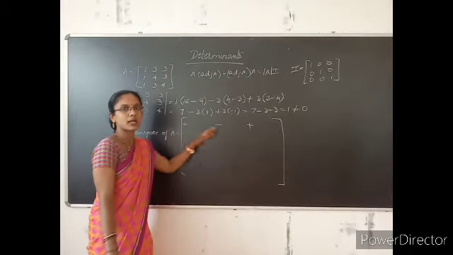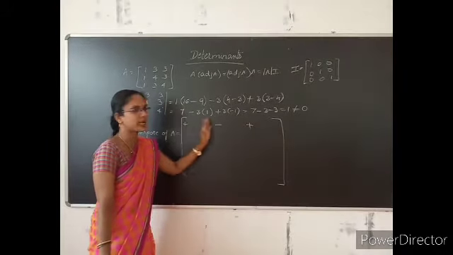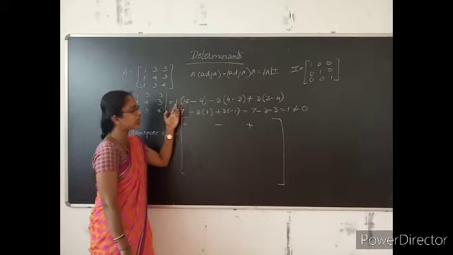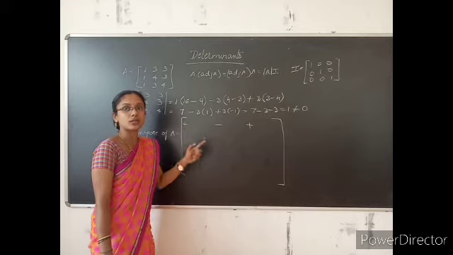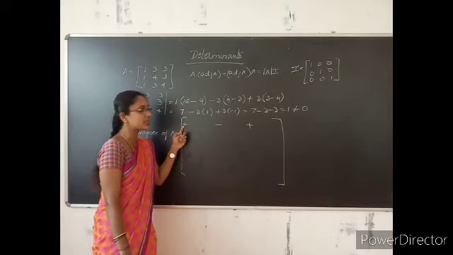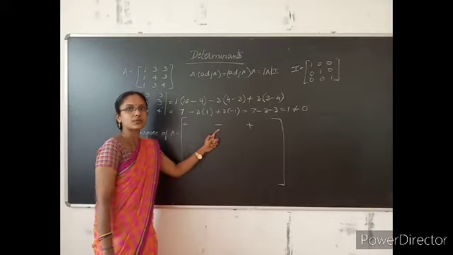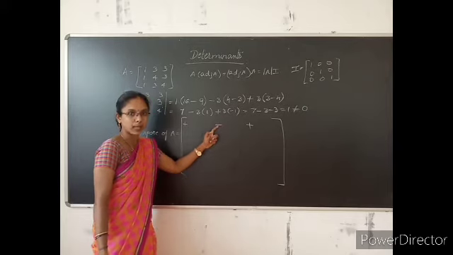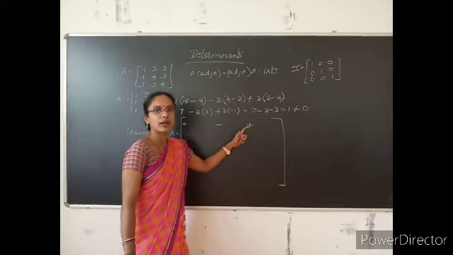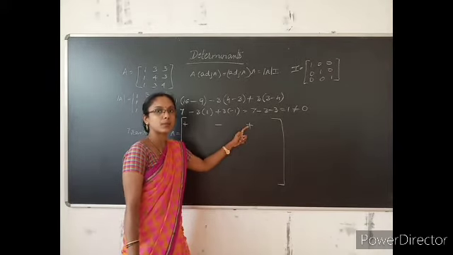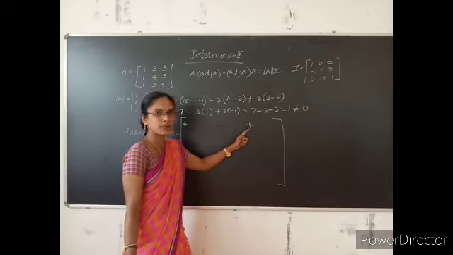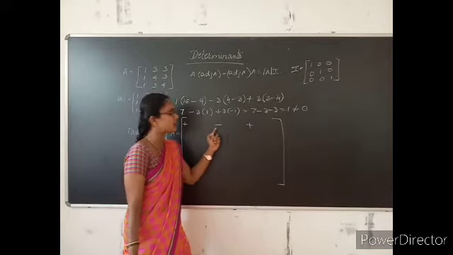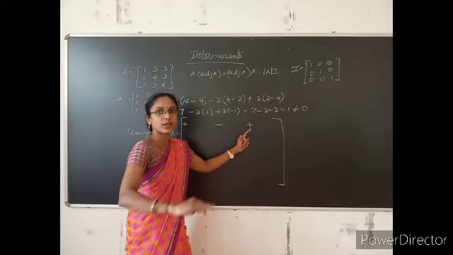So if you expand along R1, you get plus, minus, plus. Here itself you can identify this is plus, minus, plus. A11, minus 1 to the power 1 plus 1, it is plus. A12, minus 1 to the power 1 plus 2 is minus. A13, minus 1 to the power 1 plus 3 is 4, and minus 1 to the power any even number is plus. So this becomes plus, minus, plus. This is the first row.